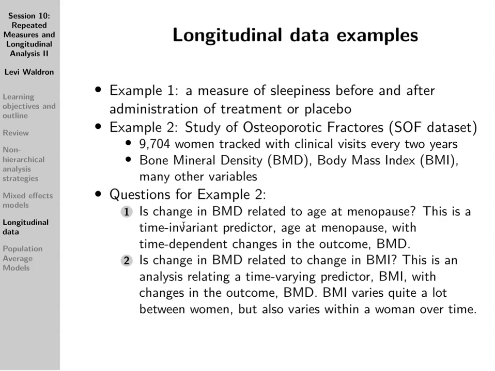Here are a couple examples of longitudinal data. The first could be a measurement of sleepiness before and after administration of a treatment for sleep disorder or a placebo. A second is a study of osteoporotic fractures, the SOF data set, which is also discussed in the textbook, of women tracked with clinical visits every 2 years, and bone mineral density, body mass index, and other variables collected during those clinical visits.